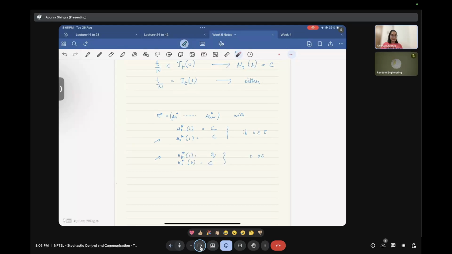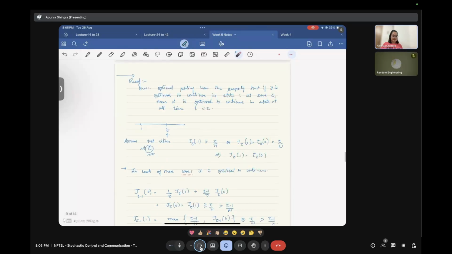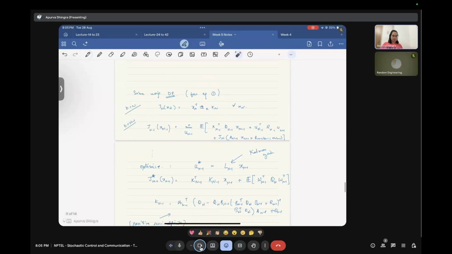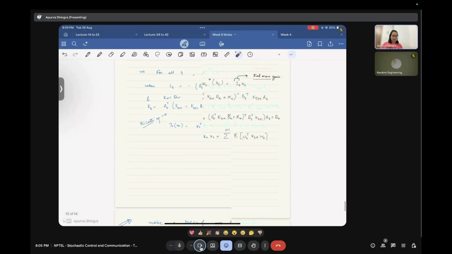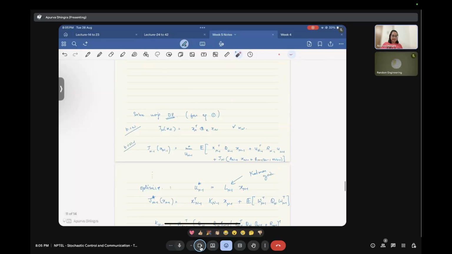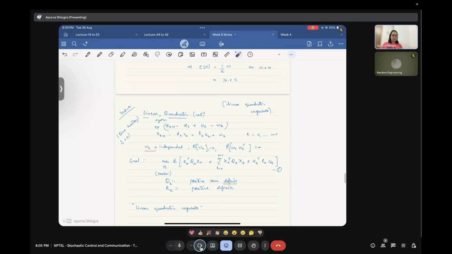But like it is said, it is only possible to come up with such optimal policies in specific cases. Most of the times it's going to be approximations to that. Then we briefly talked about the linear system with a quadratic cost.